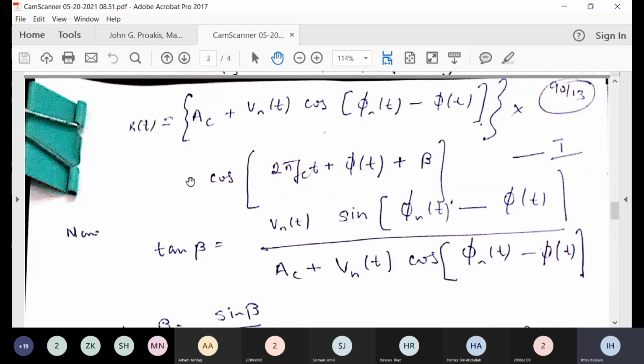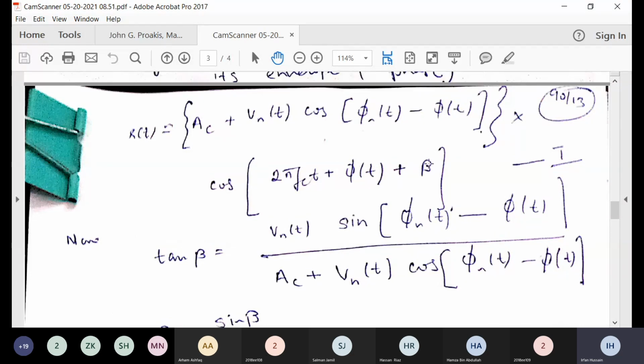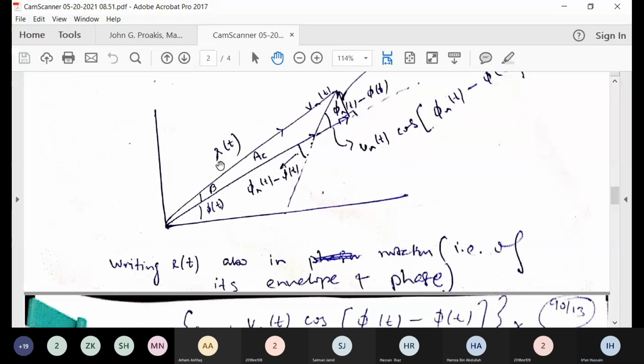Times, so I again represent this in the phasor notation as we were representing this in terms of its envelope and phase. So this is the envelope now approximated, and the phase cos 2 pi f ct is already there, but the additional phase is phi t plus beta. So you can see the phase of R t is taken exactly, which is phi t plus this beta angle.